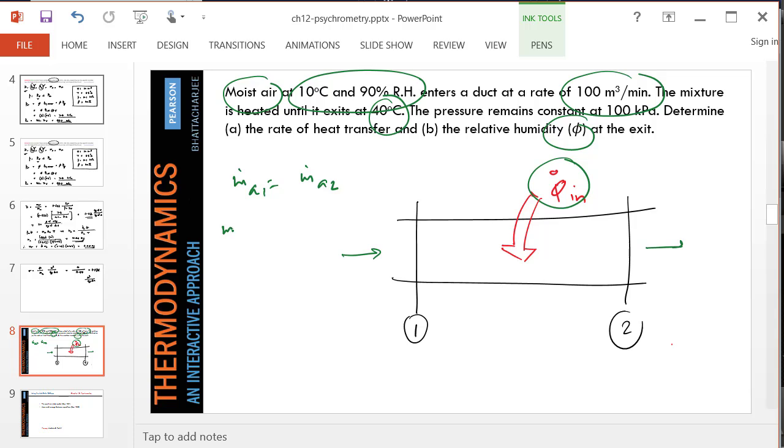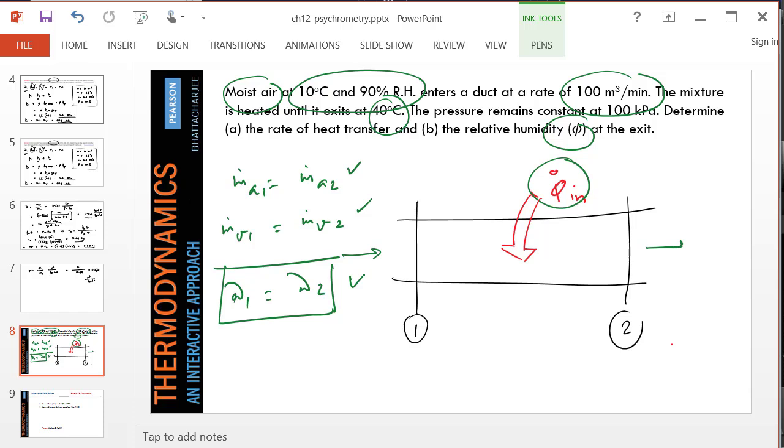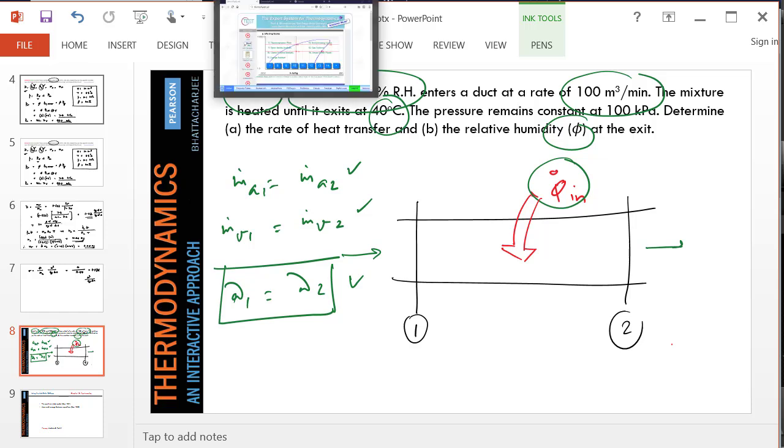Also, we are not taking any vapor out or in, therefore the vapor flow rate is also constant. Their ratio is, of course, omega 1 and omega 2. In other words, theoretically, omega remains constant. So you could either use this and this or this. Any two of these equations will suffice to close the problem.